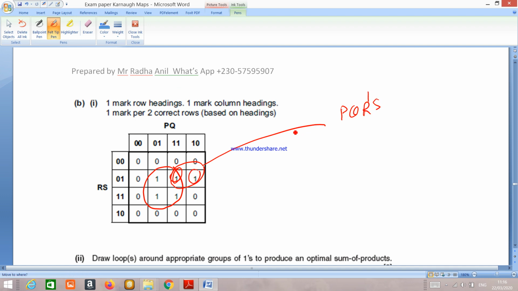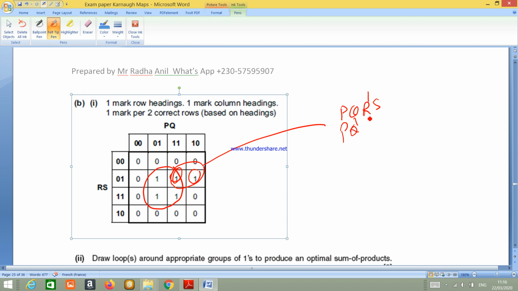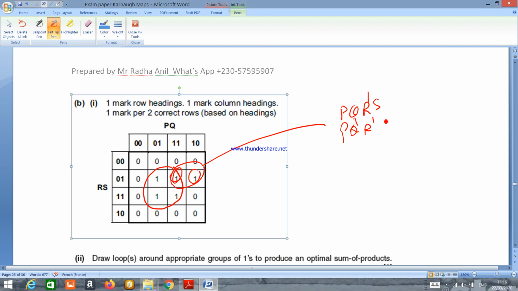And this one now, P is 1, Q is 0, R is 0 and S is 1. When we work this out, you will see that only Q changes.